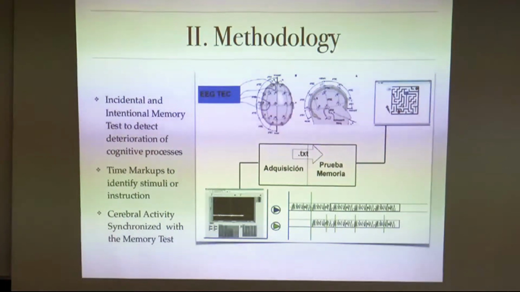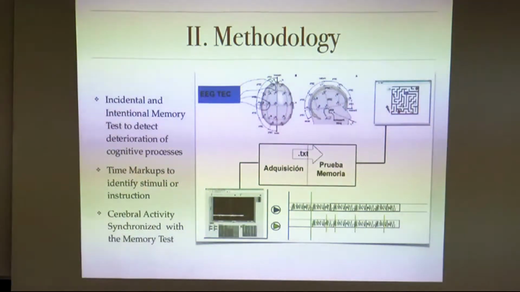This interface is designed to assess specifically incidental and intentional memory. This allows us to detect deterioration of the cognitive process. The most important thing in this work is the time markups put in the software to synchronize the signals with the interface, which shows the stimuli or the instructions shown on the screen.